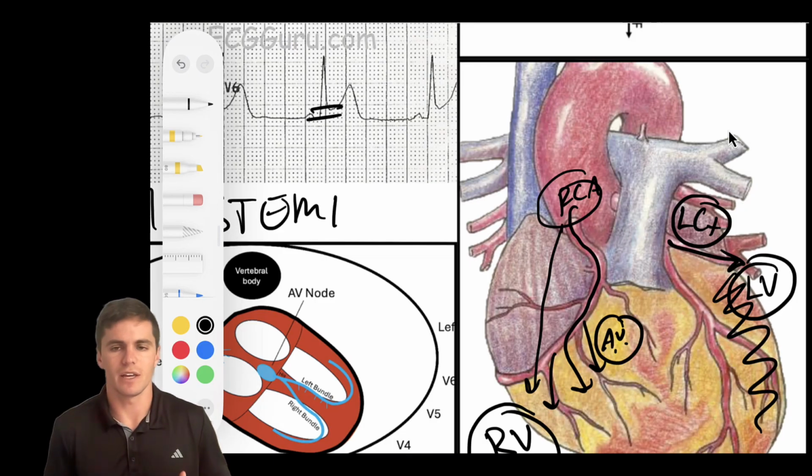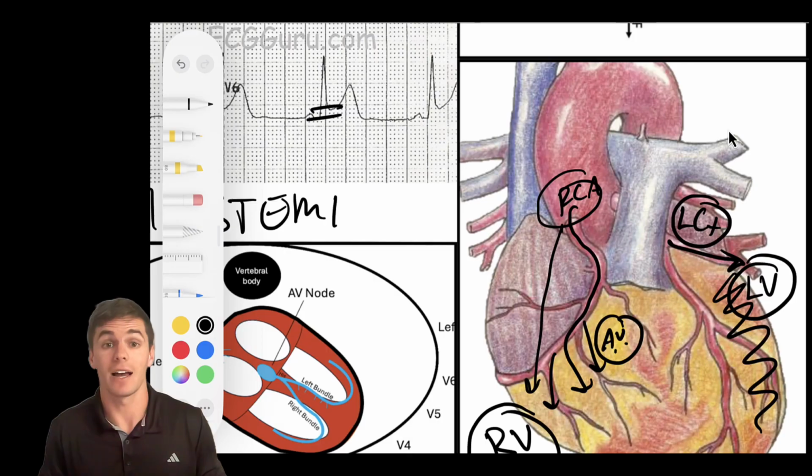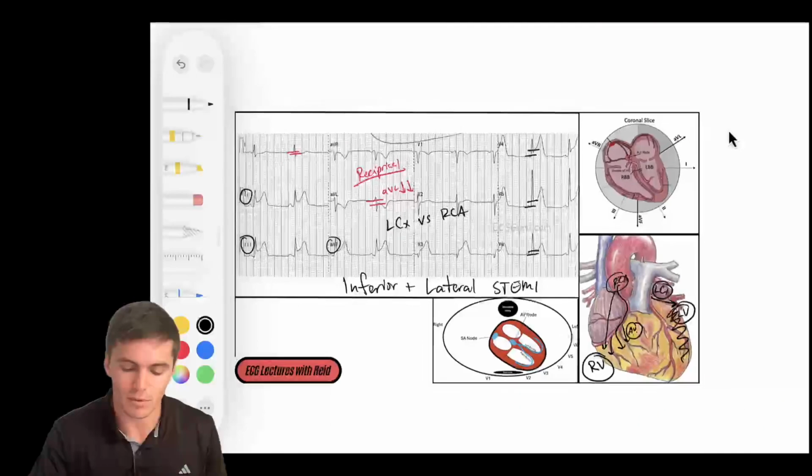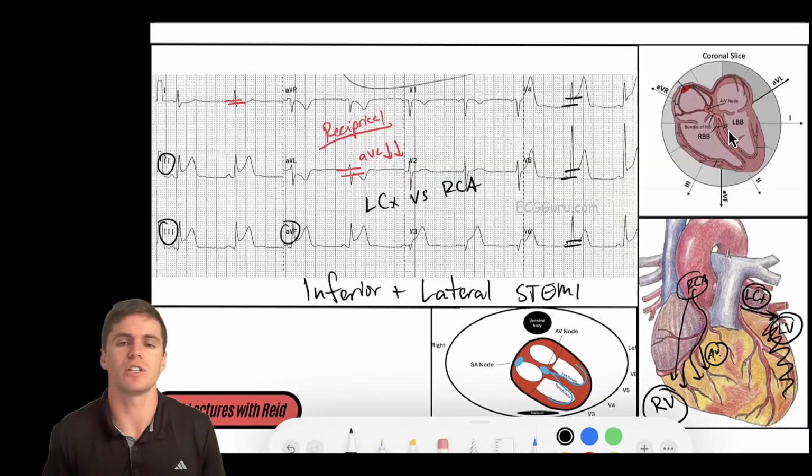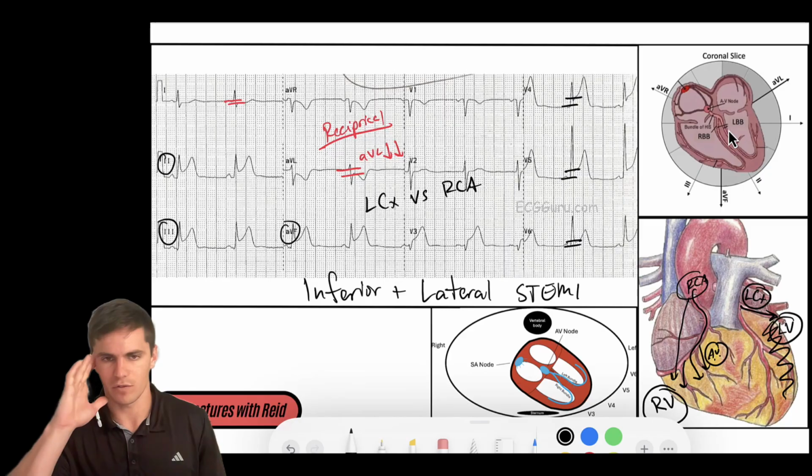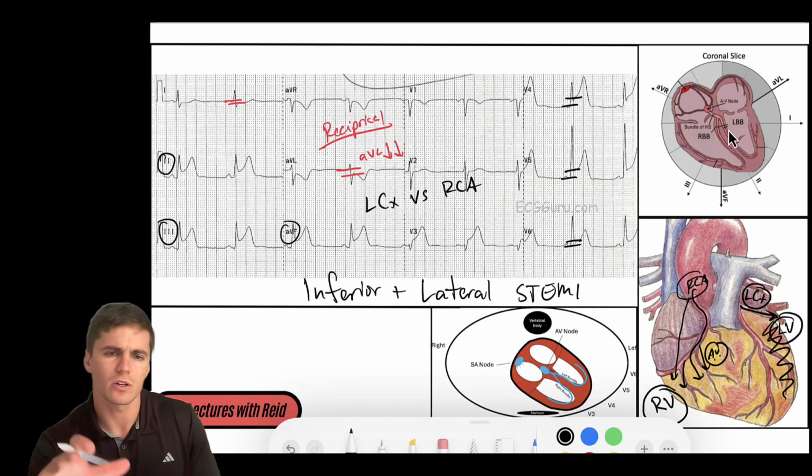So that is why clinically this matters: the treatment of these two, in terms of keeping them palliative, like trying to just keep them alive so we can go to the cath lab, is going to be very different. So that's why it is important to understand how to differentiate the two, so that you understand whether your treatments are working or not, and how they are responding.